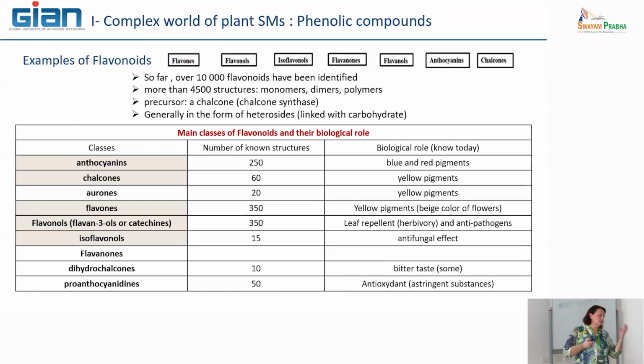Why? Not only because it gives different other biological activities, but it is also a way in the cell to accumulate this molecule in particular organelles. Okay, for example, vacuoles, for example, the nucleus also. They can accumulate glycosylated specialized metabolites in order to protect them from other enzymes that would be able to cut, to destroy this molecule.